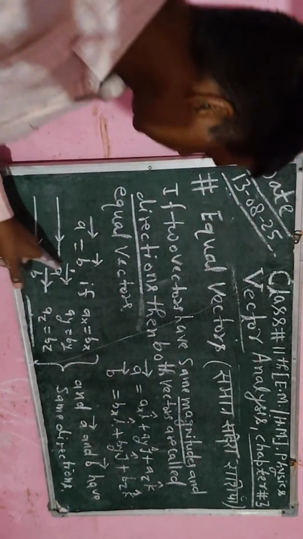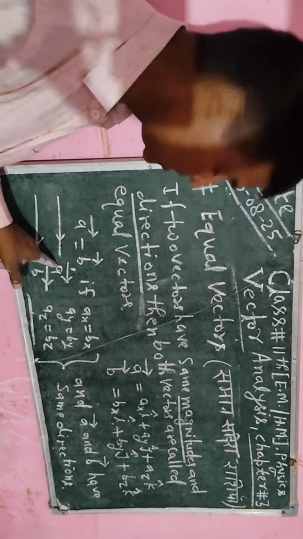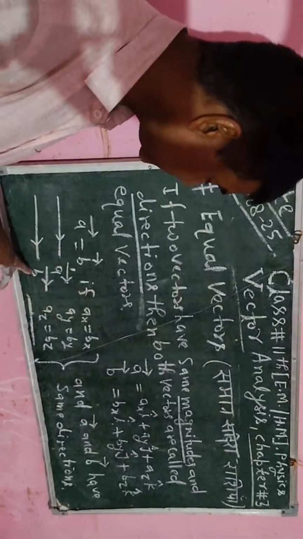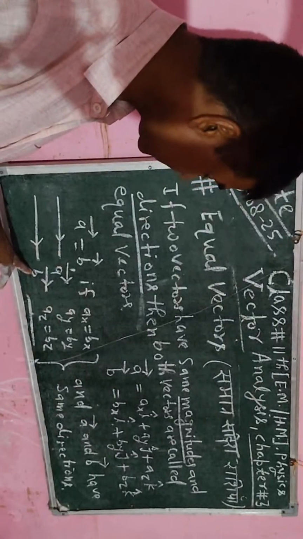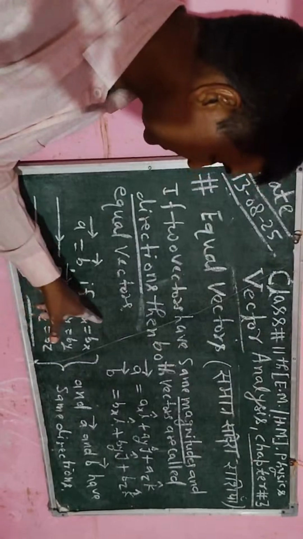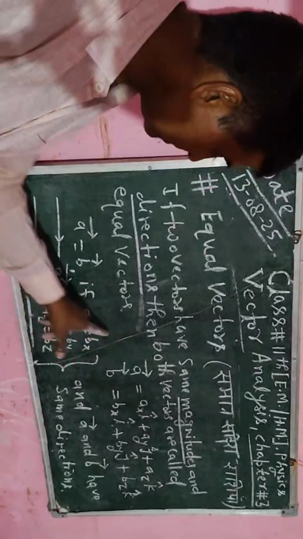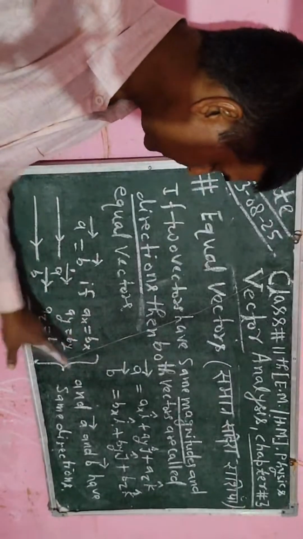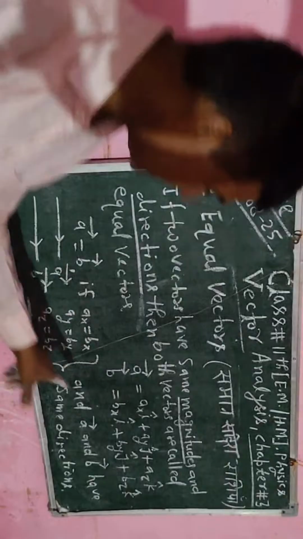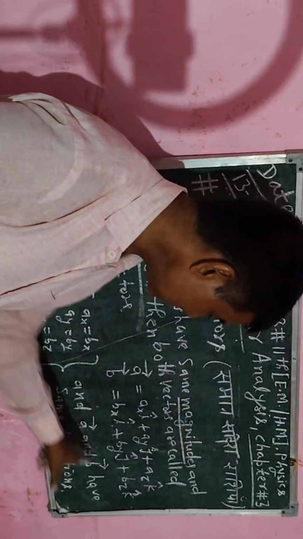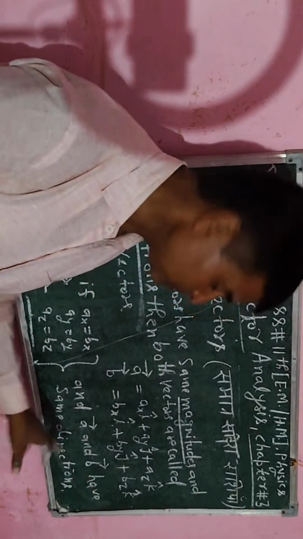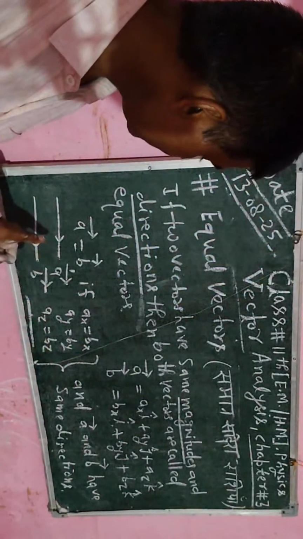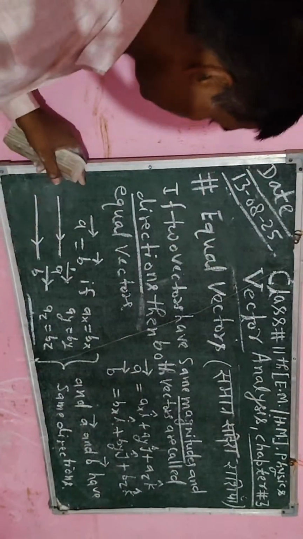It means the coefficient of each direction of vector A will be equal to the coefficient of each direction of vector B. So Ax equals Bx, Ay equals By, and Az equals Bz, and both have the same direction. If these two conditions exist, I will say vector A is equal to vector B.